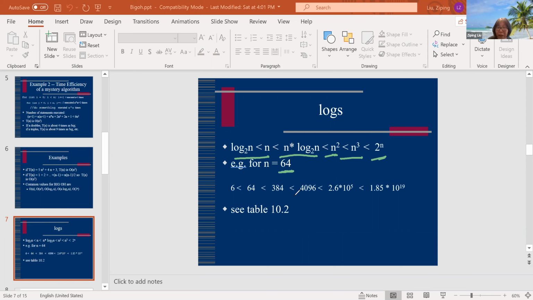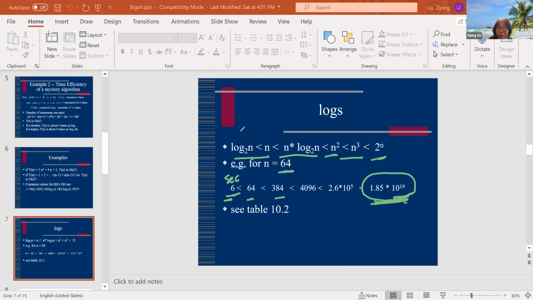If your input data is 64, log 2 of 64 is just 6. But if you go to 2 to 64, it's already a huge number. Think about it, even at one step per second, would it take years or months?